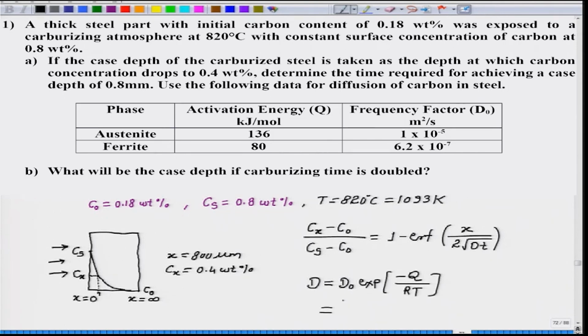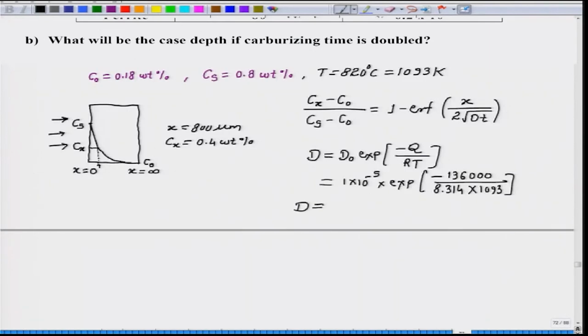So, we can write D 0 for austenite is 1 times 10 to power minus 5 times exponential, Q is 136,000 joules per mole, minus 136,000 divided by the gas constant R is 8.314 times temperature is 1093, and so we get D equal to 3.2 times 10 to power minus 12 meter square per second.